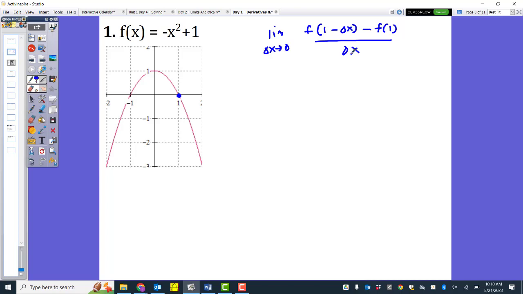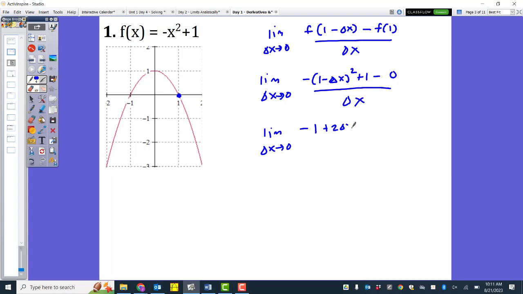Hopefully you paused and worked it out on your own. Limit as delta x approaches 0 of negative (1 plus delta x) squared plus 1 minus, and if we just plug in 1 we get 0, so we don't have to stress about that too much, over delta x. Limit as delta x approaches 0 of negative 1 minus 2 delta x minus delta x squared plus 1 over delta x. The 1 and the 1 will cancel, the delta x's will cancel.